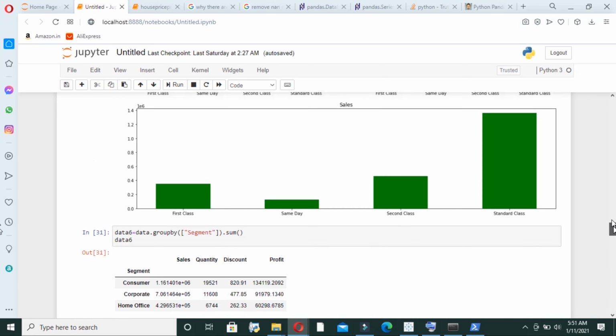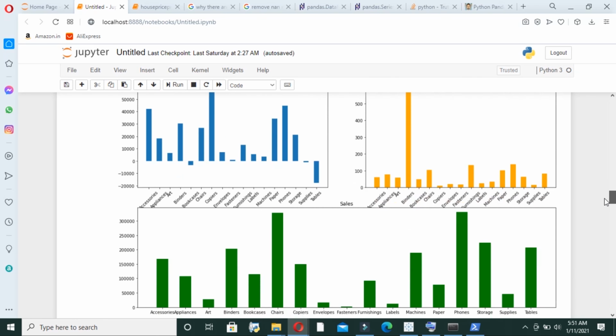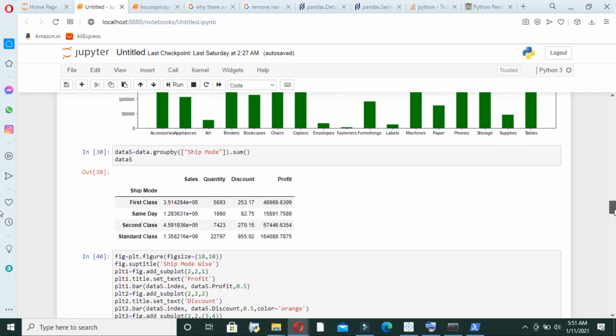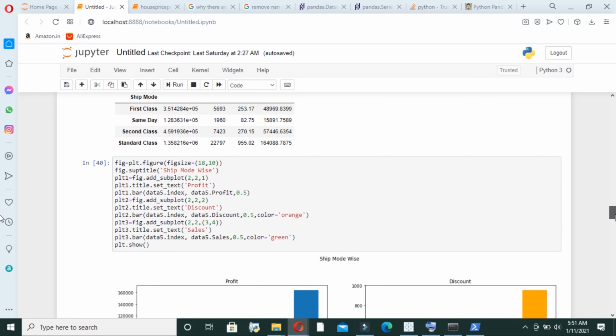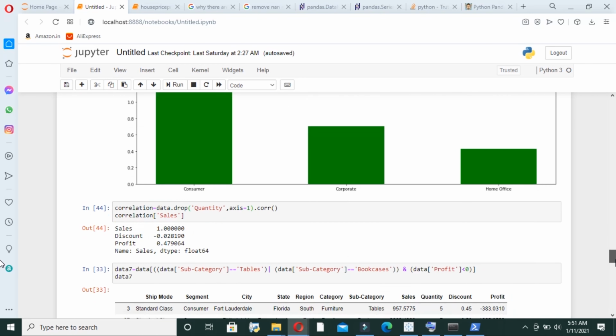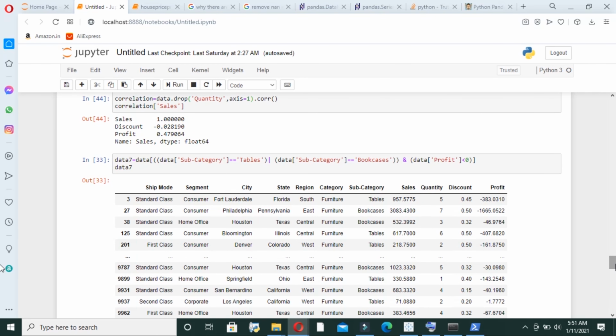we saw earlier that the tables and the bookcases had good sales. However, there is still negative profit on these subcategories. So let's do one interesting thing. Let's go in depth on these two subcategories and find the number of such negative profit sales in various states.